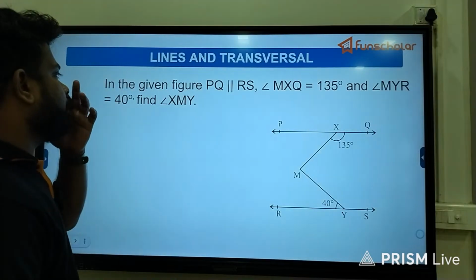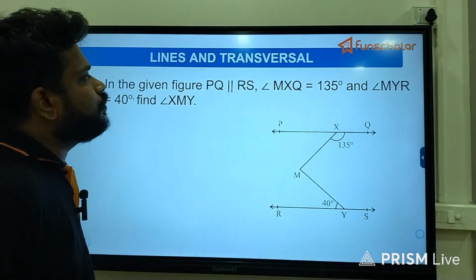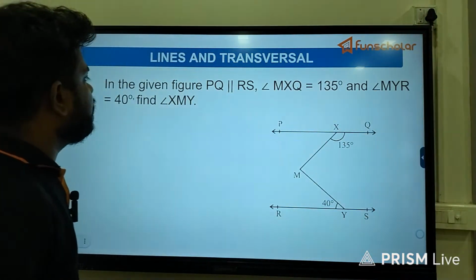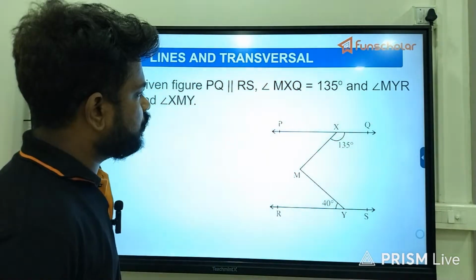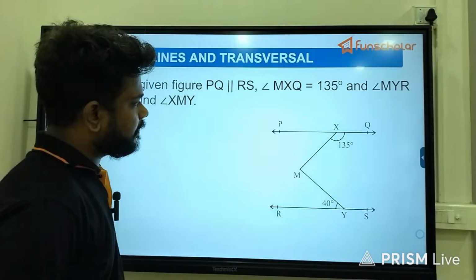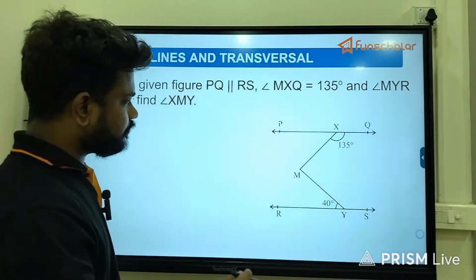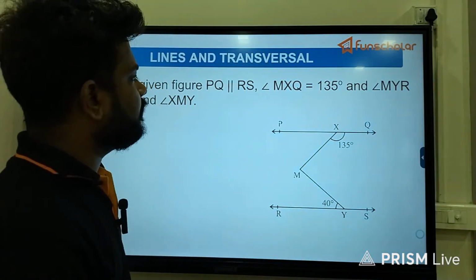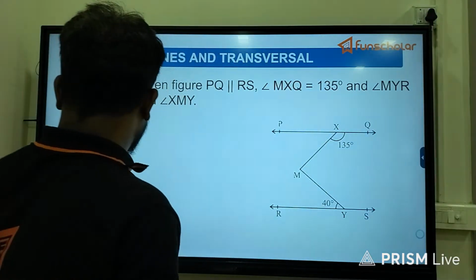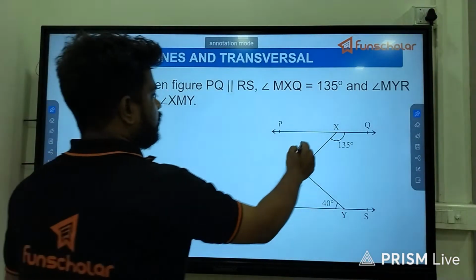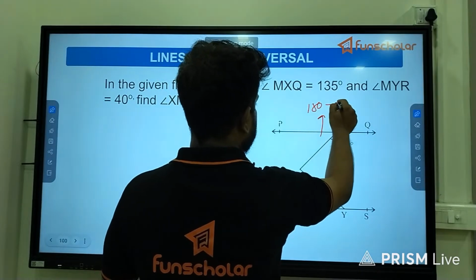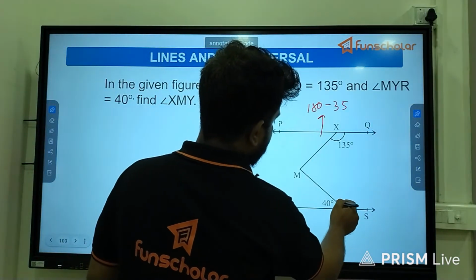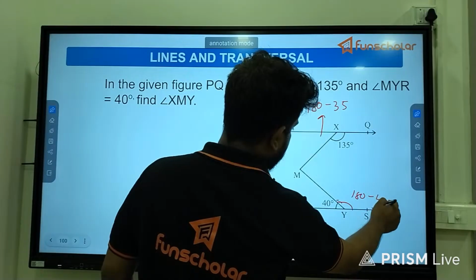In the given figure, PQ is parallel to RS, angle MXQ is 135 degrees, and angle MYR is 40 degrees. We have to find angle XMY. So if this one is 35, this one will be 180 minus 35. And if this one is 40, this one will be 180 minus 40.